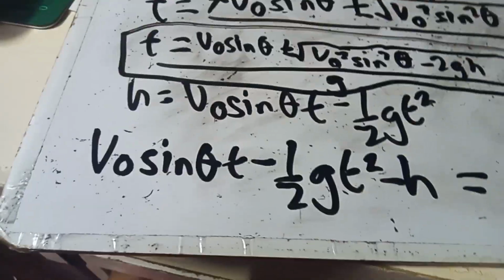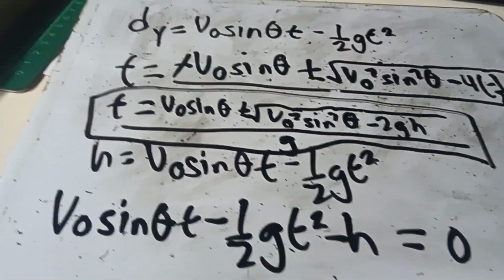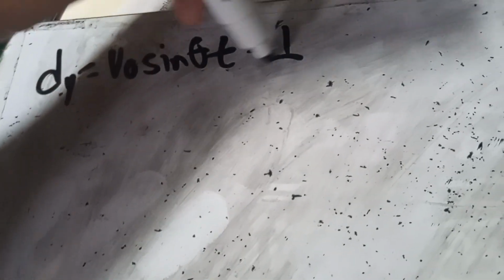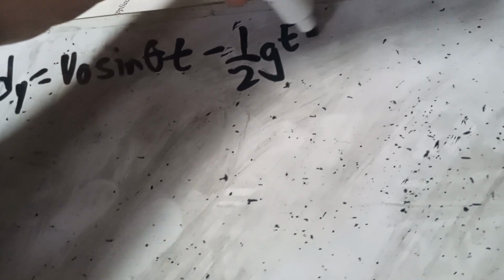But if you just want to get the time at the maximum height, as we know, this formula here, as we got earlier, is just a projection of the distance as time changes.